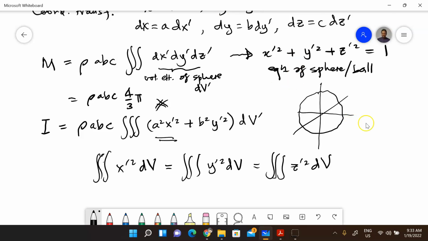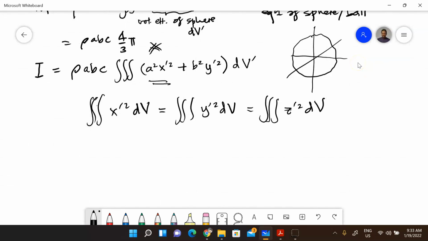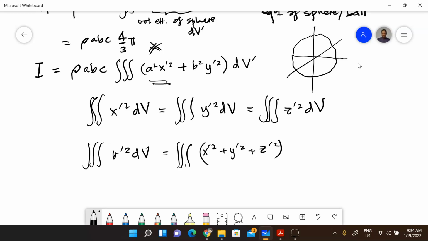Okay, so what one can do now is, if I have that, then I can write the following: the integral of r dash square dv, and r dash square is essentially equal to x dash squared plus y dash square plus z dash square.